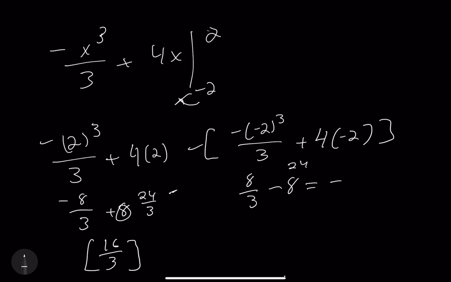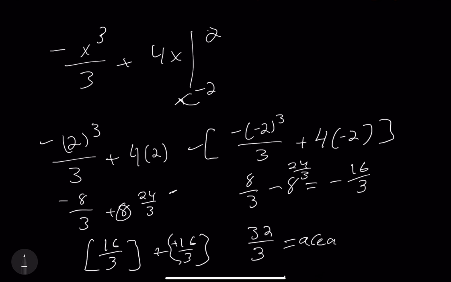So we'll have 24 over 3 minus, so 8 minus that would equal negative 16 over 3. You're going to subtract negative 16 over 3. We know that negatives become positives. 16 plus 16 equals 32 over 3. And that will be the area between the two graphs.